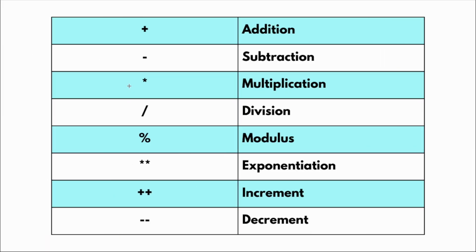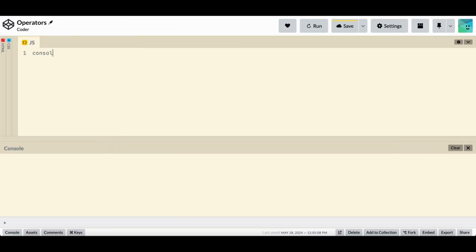The rest of the operators we looked at in this video were binary operators. This means that it requires two operands. For example, 4 plus 4.